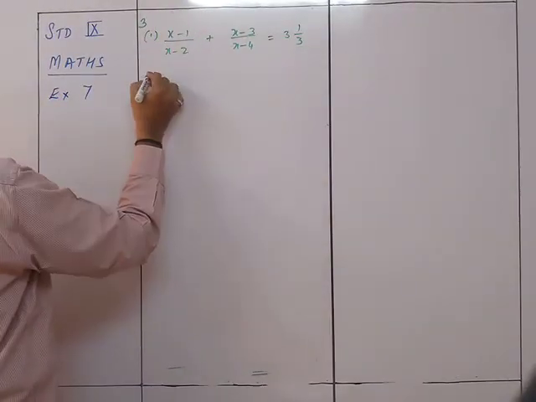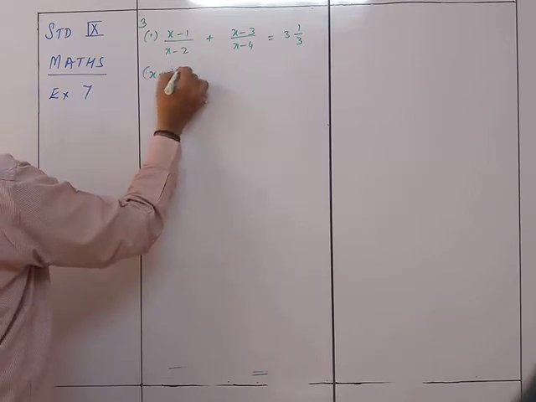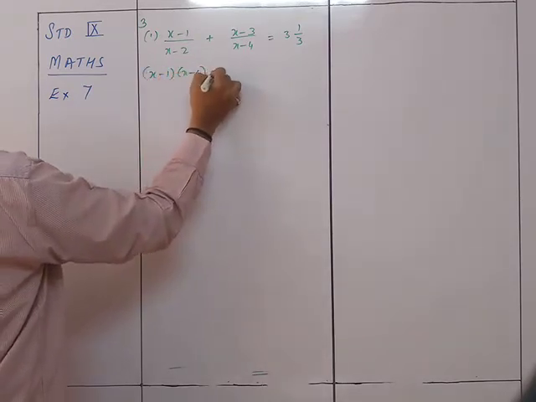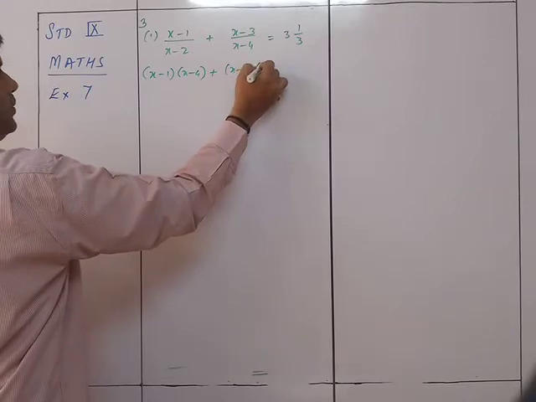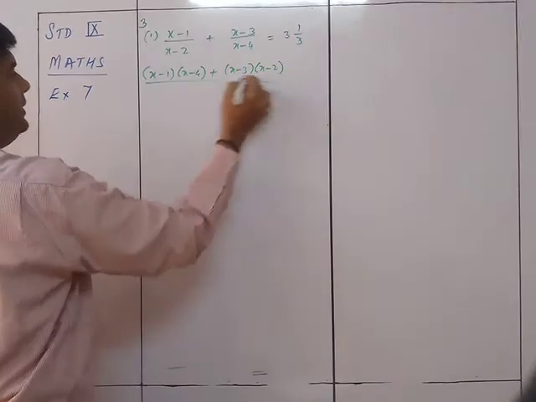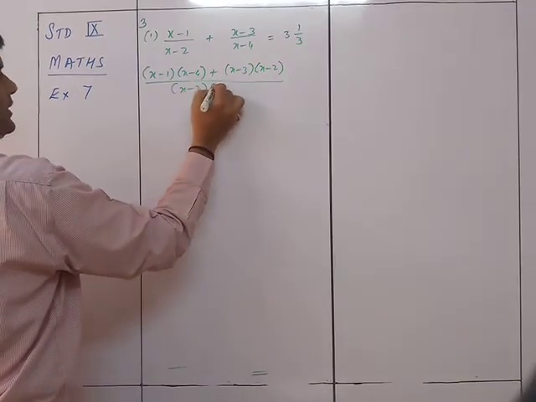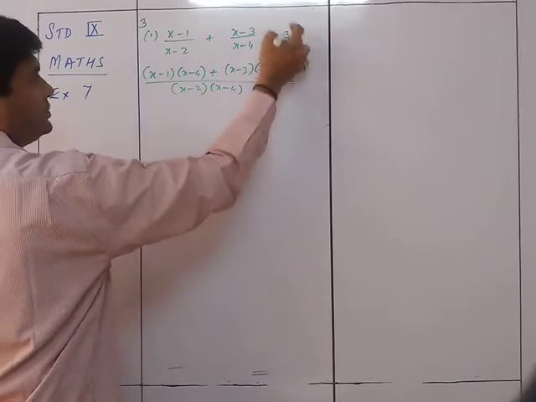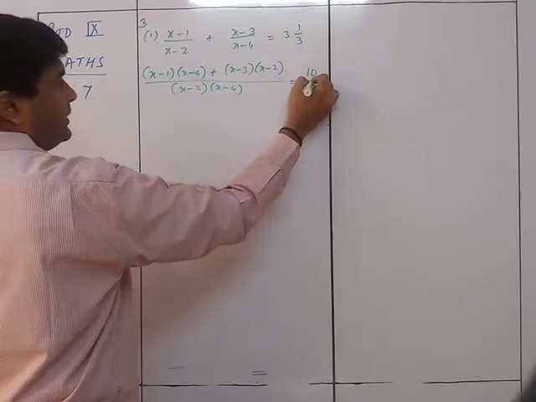Same way, LCM: x minus 1 into x minus 4 plus x minus 3 into x minus 2 upon x minus 2, x minus 4 is equal to 3 3 is 9 plus 1, 10 upon 3.